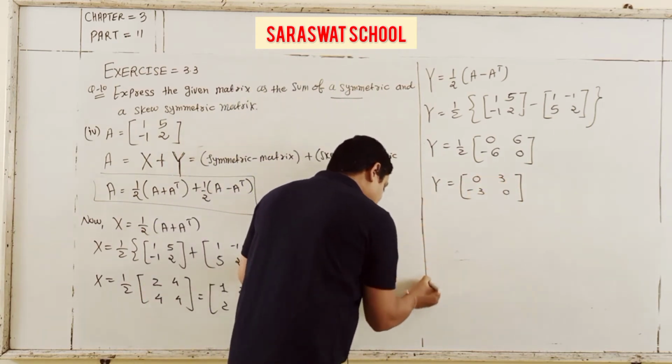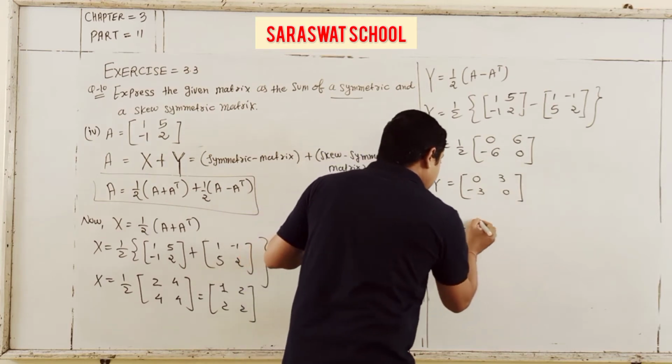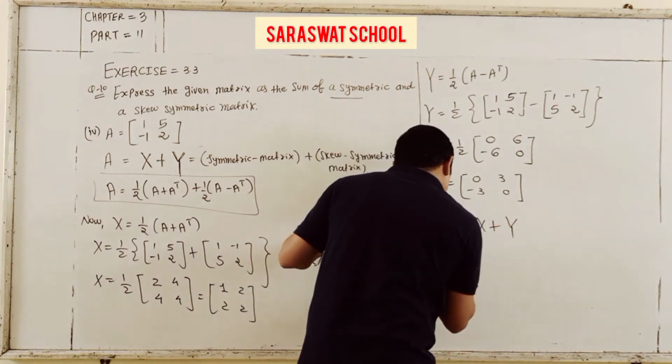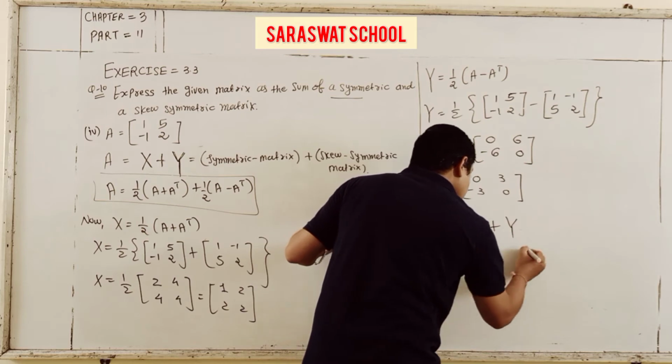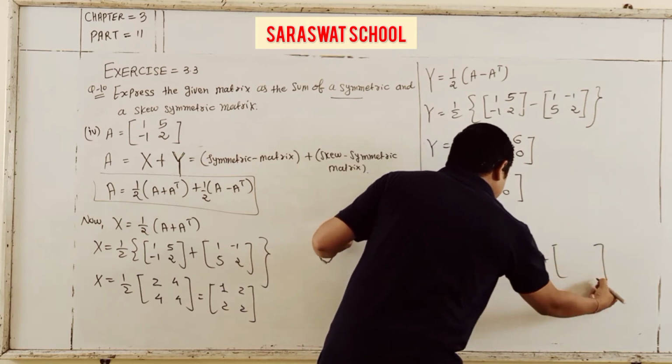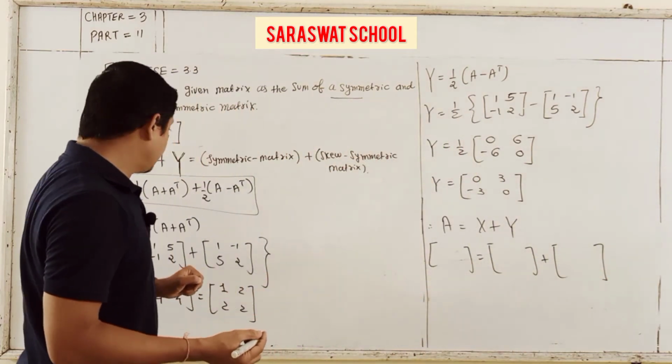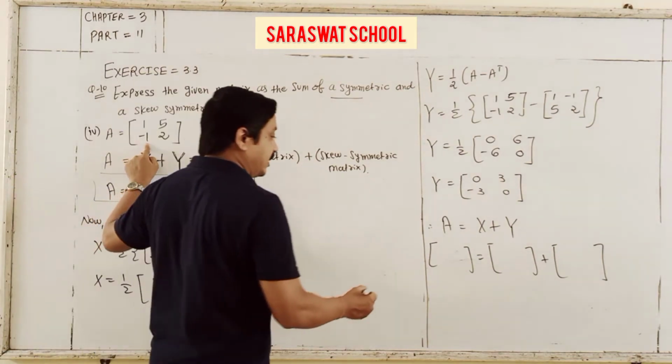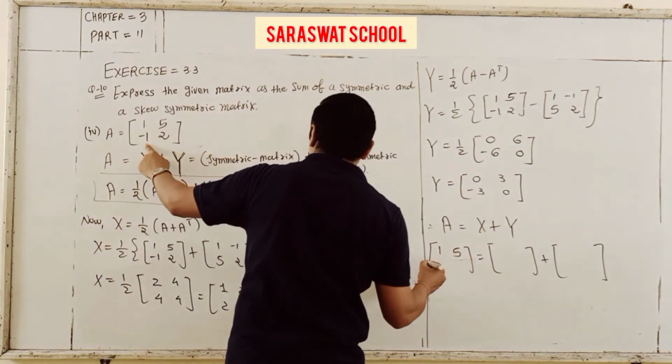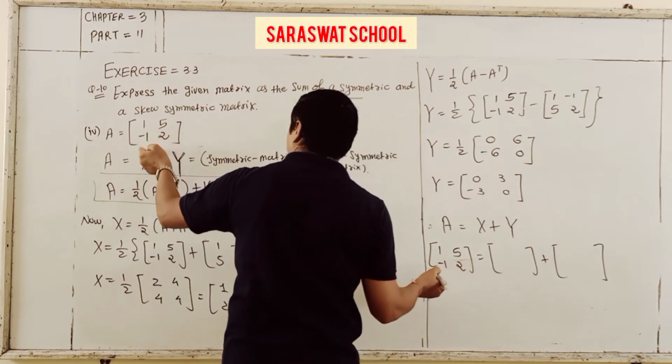Therefore, finally you can cover matrix A as a symmetric plus skew symmetric. You just attach your data. Your answer is A, that is 1, 5, minus 1, 2.